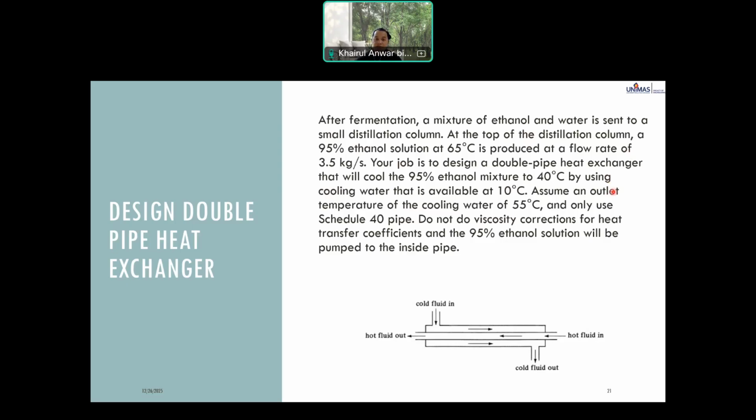Your job is to design a double pipe heat exchanger that will cool the 95% ethanol to 40 degrees C using cooling water available at 10 degrees C, with an outlet temperature of cooling water of 55 degrees C. Only use schedule 40, do not do viscosity correction for heat transfer, and the 95% solution will be pumped to the inside pipe.